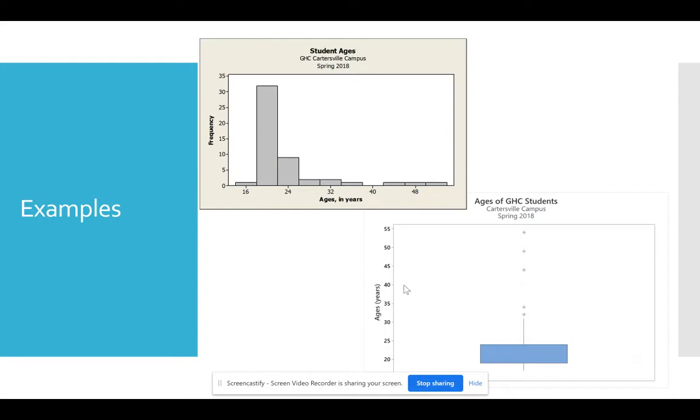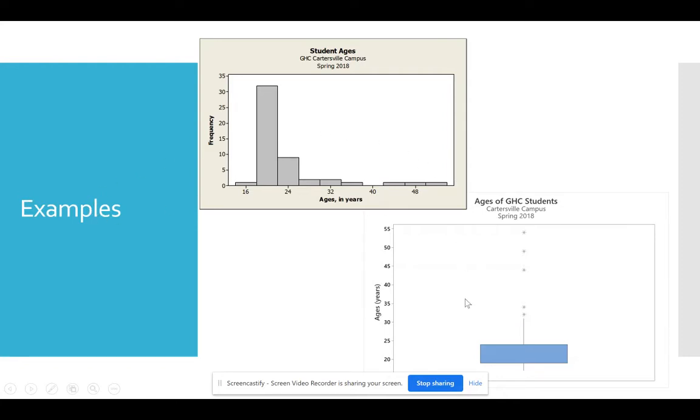And then there's also some examples of the various graphs. The graph here on the top of students' ages is a histogram, and we could talk about the distribution, whether it's skewed left, skewed right, or symmetric. And then we also have a box plot. One of the benefits of the box plot is these little stars here are the way that they indicate that there are outliers within this particular data set.